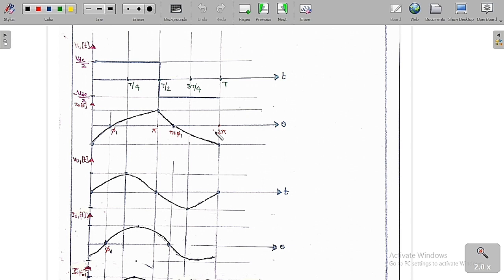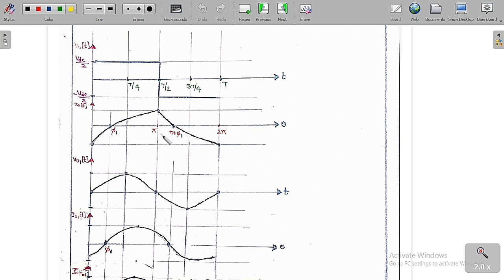So simply we can say that from 0 to phi 1, D1 is connecting.